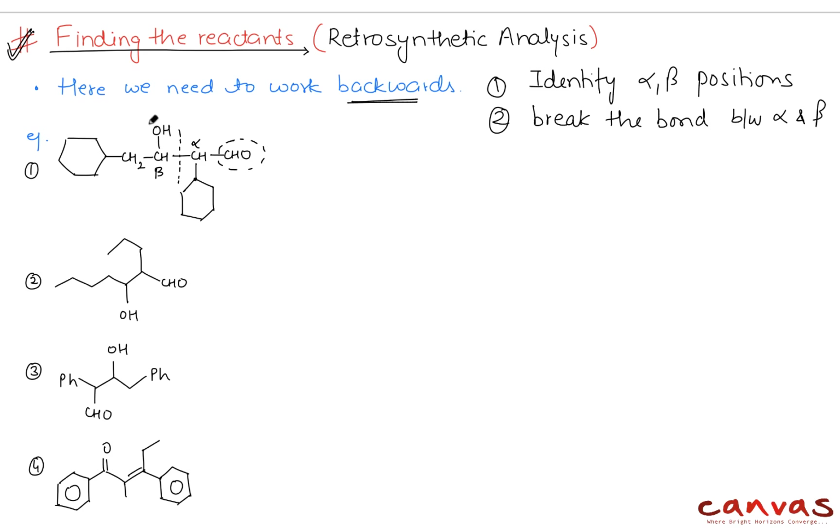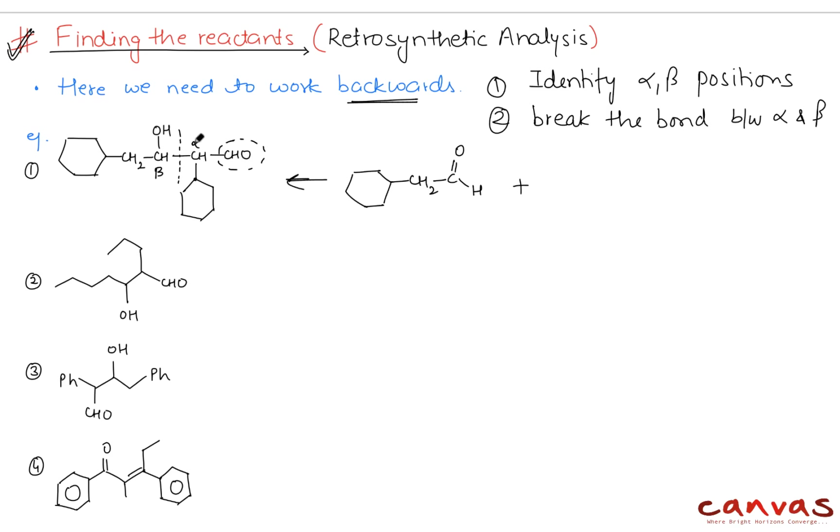Now this OH was earlier double bond O. Okay, both were carbonyl. So what you get here is CH2 and CHO plus. Now this alpha position, when you are breaking the bond, carbon should have 4 bonds.